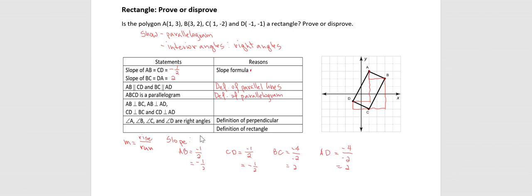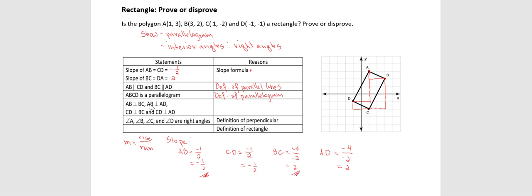Again, let us compare the slopes of the given sides. So you can see that the slope of line segment AB, which is -1/2, is the negative reciprocal of the slope of line segment BC.